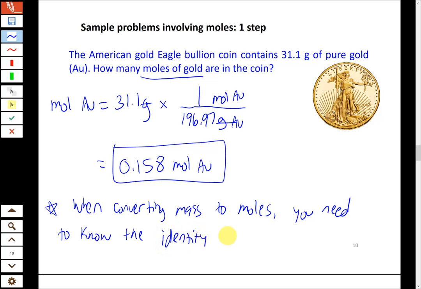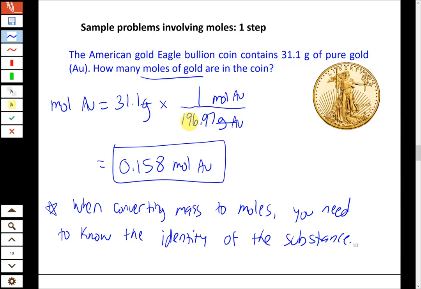Every element has its own atomic mass, so in this case, it does matter what that is. There's not a single relationship, like Avogadro's number. So we had to know that it was gold and use the appropriate atomic mass for gold, which would be different for every element on the periodic table. So that's going to be, again, a slight difference, but still just a one-step relationship between grams and moles.